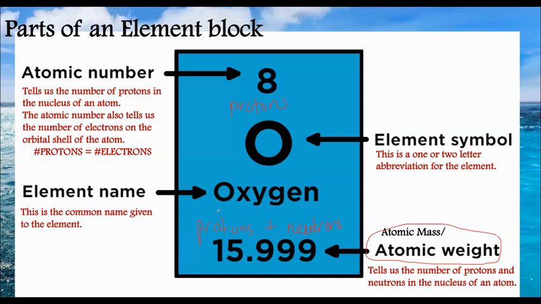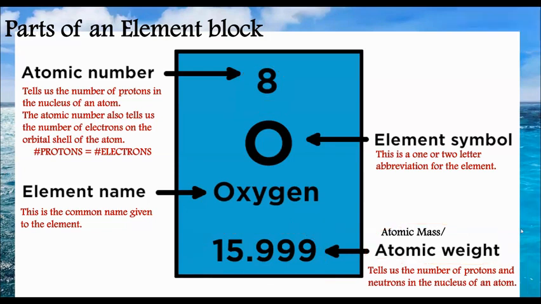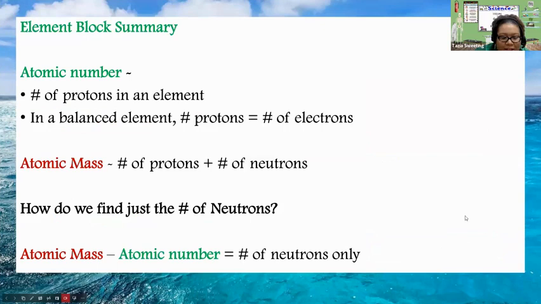If you were to subtract the atomic number from the atomic mass, you will get just the number of neutrons. Because if you subtract the number of protons, which is the 8, away from the number of protons and neutrons, you will be left with just the number of neutrons. Y'all saw that, right? Yes, ma'am.